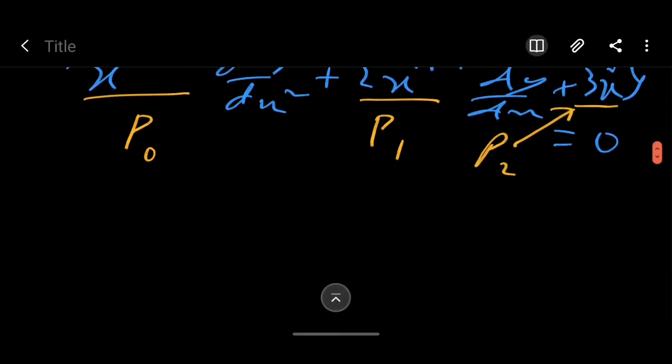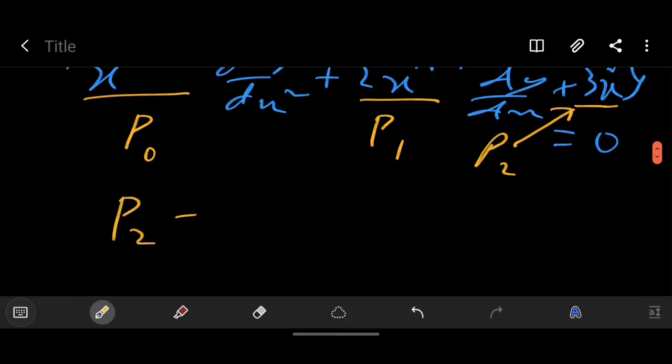The condition for exactness is p2 minus p1 first derivative plus p0 second derivative has to be equal to 0.